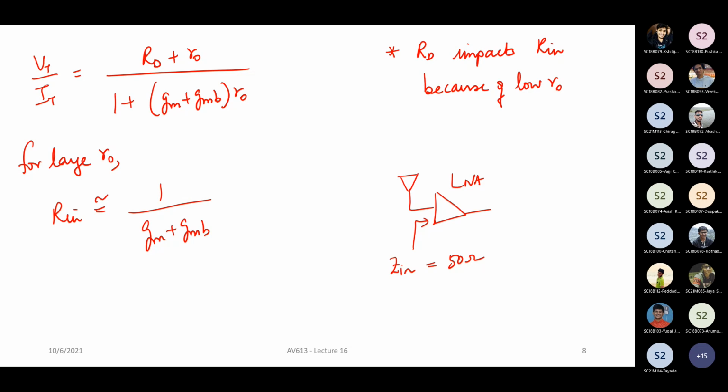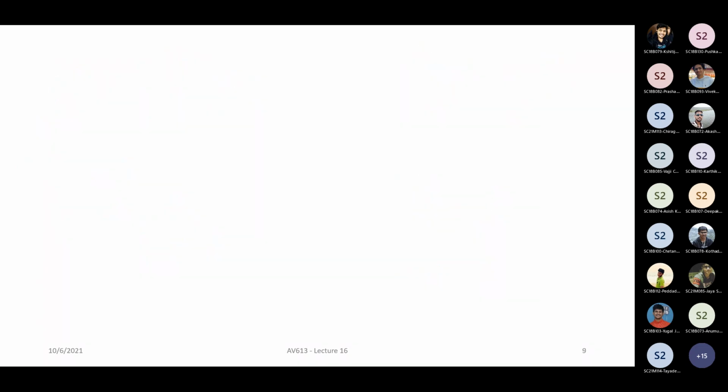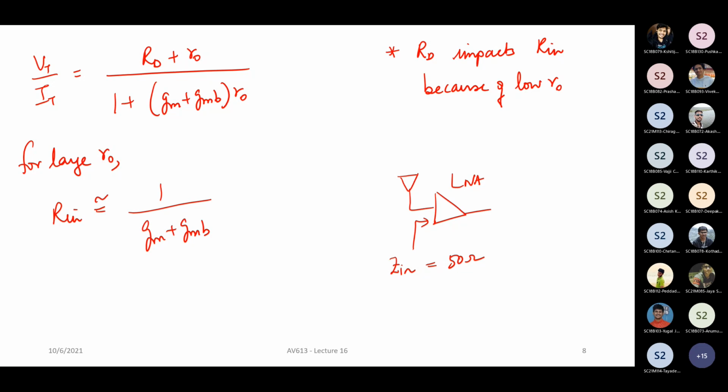So if you look at this value, Gm plus Gmb, if you look at this value of Rin, you will see that this value of Rin can be designed to be equal to 50 ohm. For example, for Rin equal to 50 ohms, all you need to do is to put Gm plus Gmb equal to 20 millisiemens.